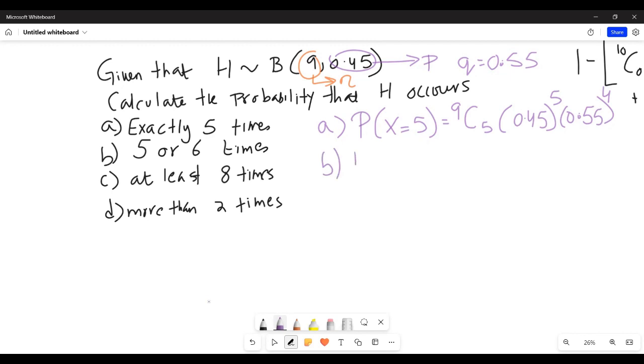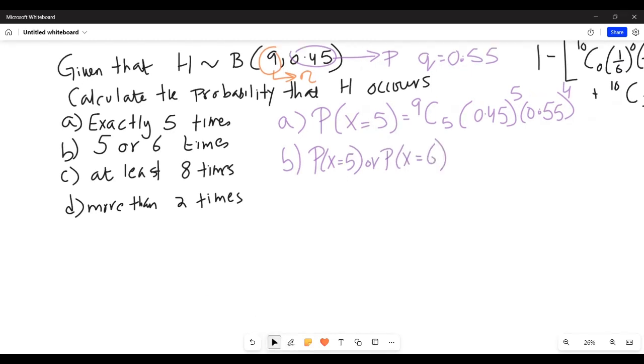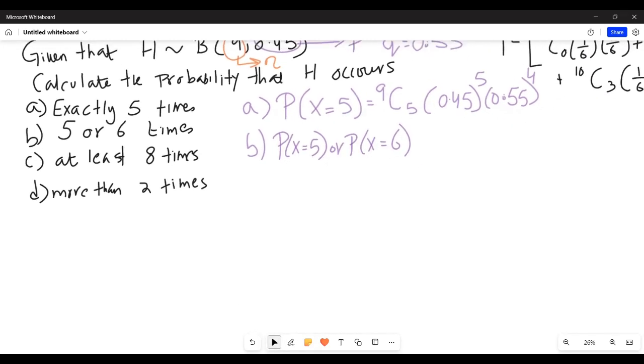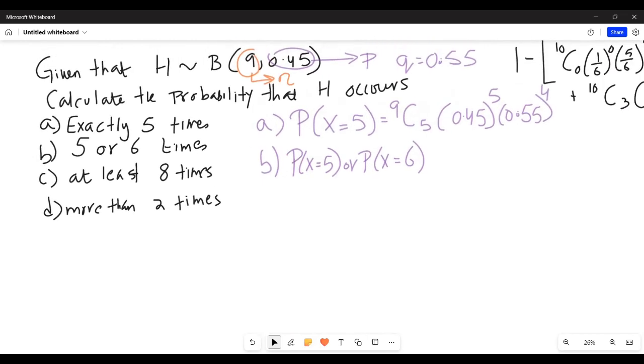Part B is probability X equals 5 or probability X equals 6. So we're going to sum these two probabilities. The first one is already calculated in the last part.